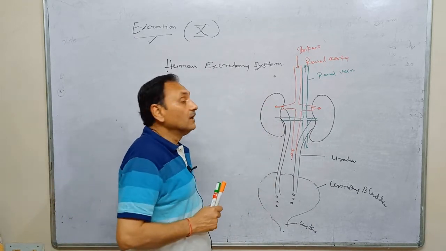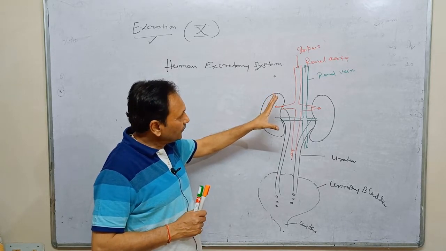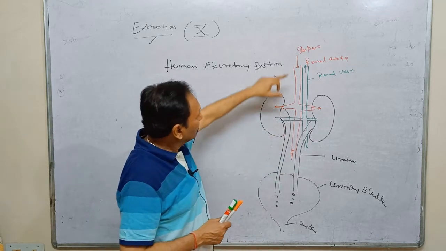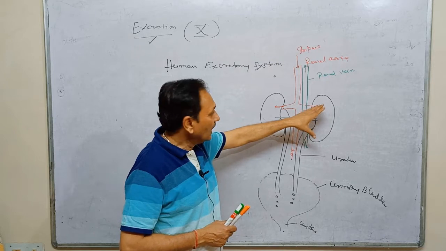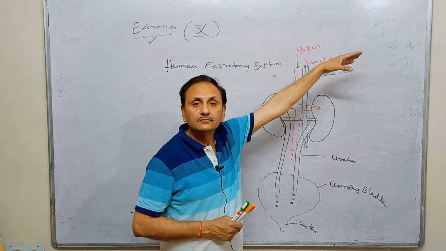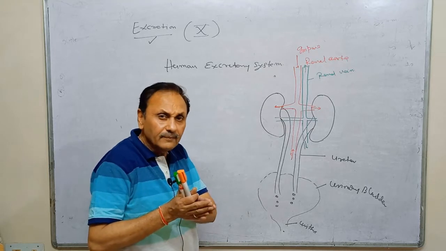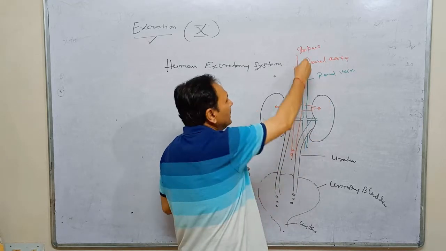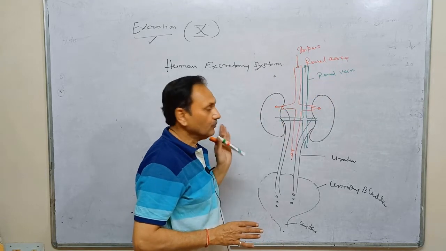We have discussed artery and vein. The artery carries blood from the heart to the body, and here from the heart to different parts of the body, then to the kidney, and from the kidney this blood goes to the heart. The veins are the blood vessels which carry blood from different parts of the body to the heart. So this one is called the renal vein. Of course, it carries pure blood, and the other carries impure blood.